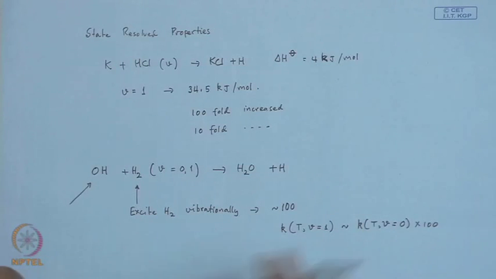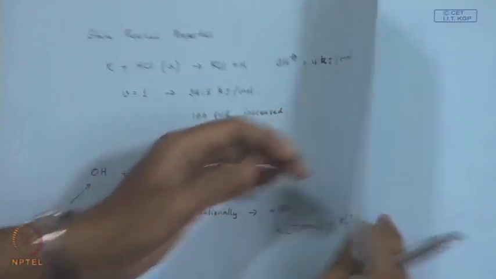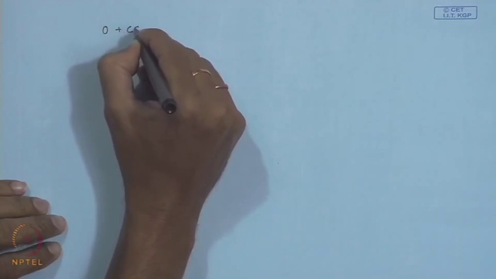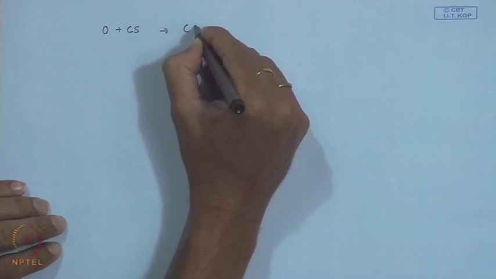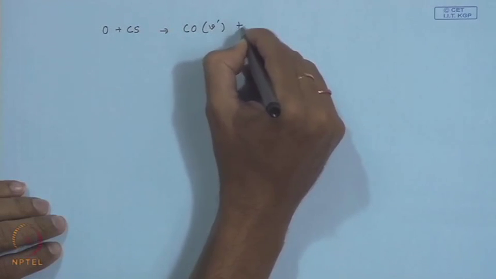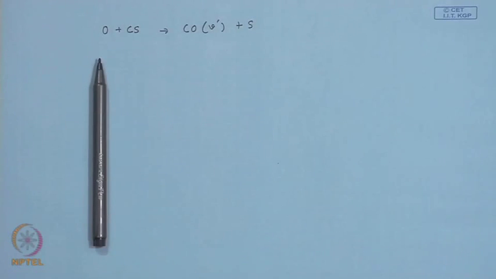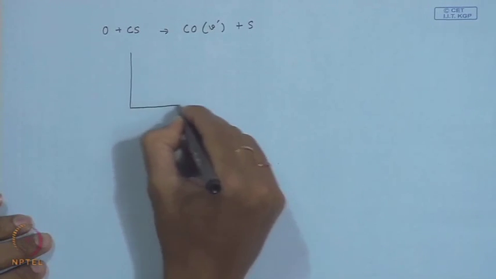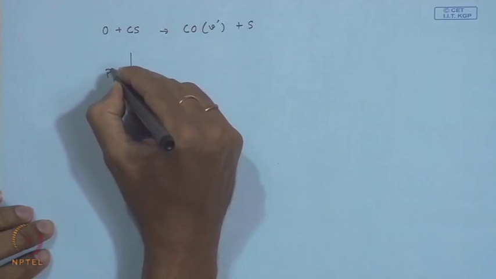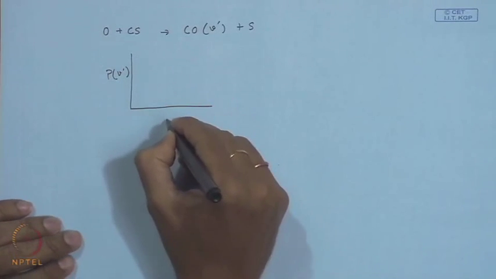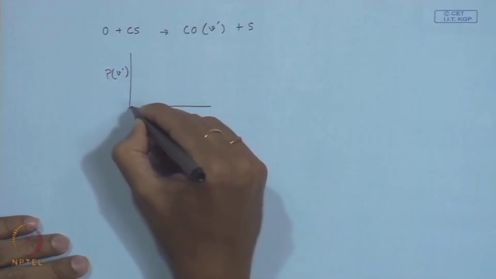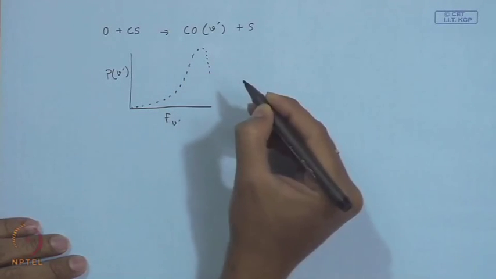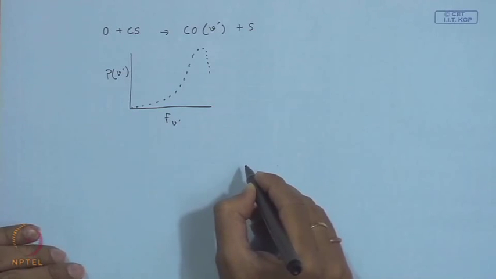Now, think about another example, O plus CS giving rise to CO in different vibrational levels, plus S. If you plot probability against V prime and f V prime, then maybe it maximizes at some higher value.